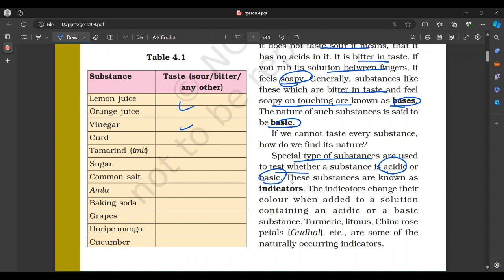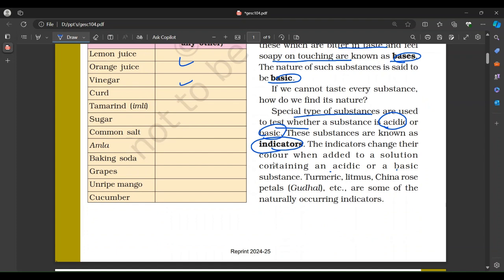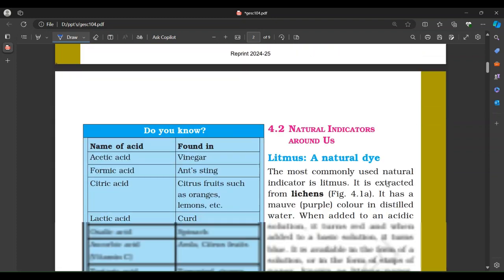Such substances are called indicators. Indicators change their color when added to a solution containing an acid or a base. Some are natural indicators: turmeric, litmus, china rose petals or gudhal, etc. are some of the naturally occurring indicators.